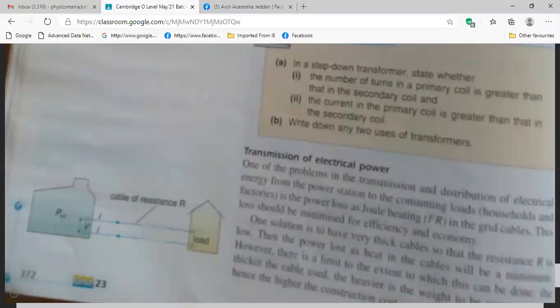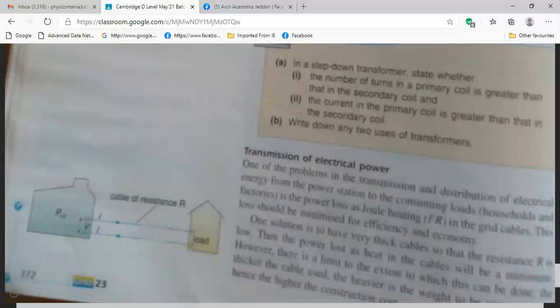The voltage will become bigger, and the current will become less. So when the power station is supplying electricity to the grid lines, we use a step up transformer. Then when it comes again from the grid line to our house, we have a step down transformer, so that we can have the voltage less.